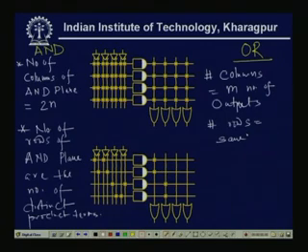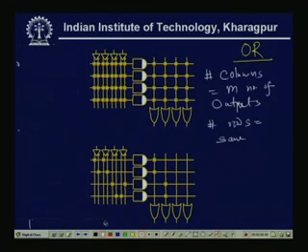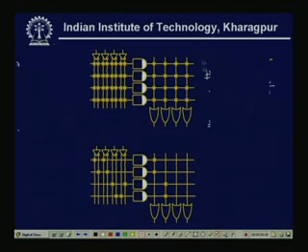Now, we can represent this in an alternate way. Say these are my 4 variable inputs.